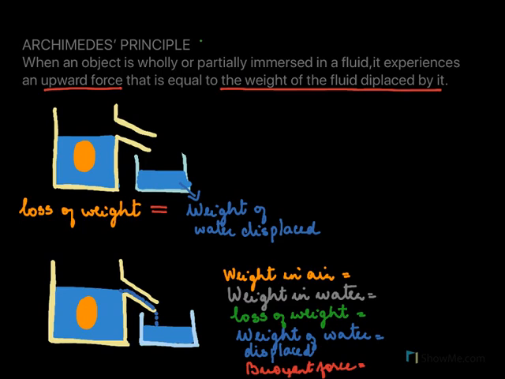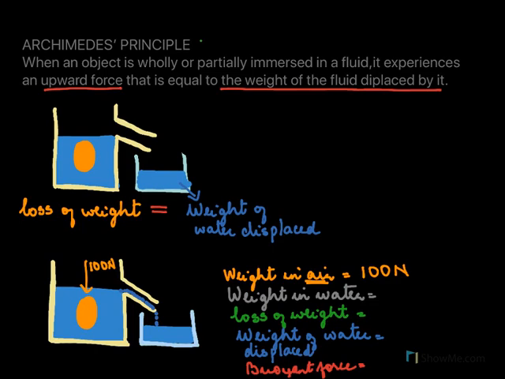Here is an object again placed in water, and because of that water gets displaced, and whatever the water is displaced, we collect it in another container. Now the weight of this object we will take as 100 newtons. So there's a downward force here of 100 newtons. So 100 newtons is the weight in air.